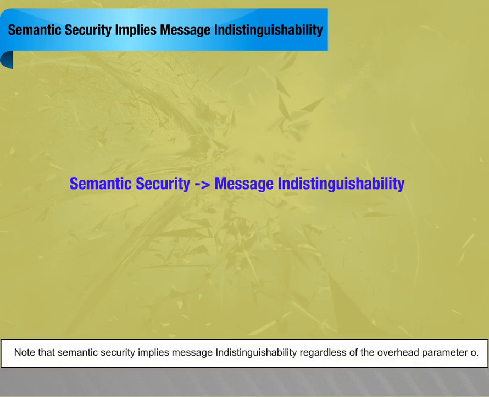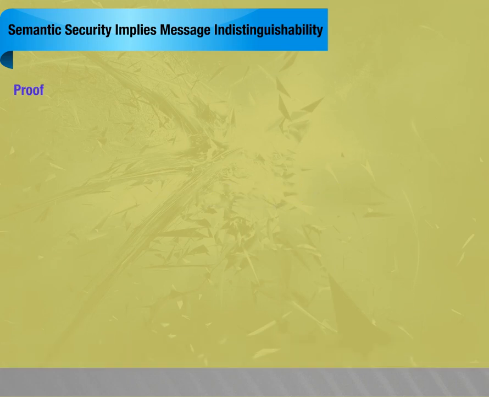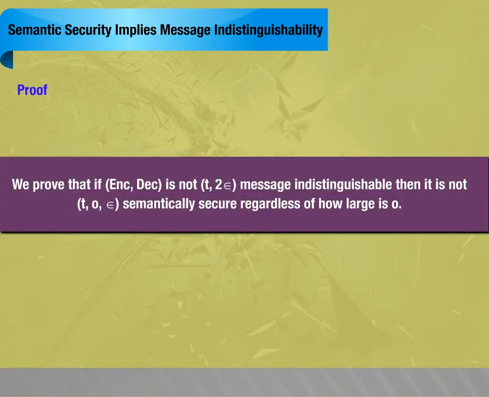Note that semantic security implies message indistinguishability regardless of the overhead parameter o. Proof: we prove that if (ENC, DEC) is not (t, 2 epsilon) message indistinguishable, then it is not (t, o, epsilon) semantically secure regardless of how large o is.